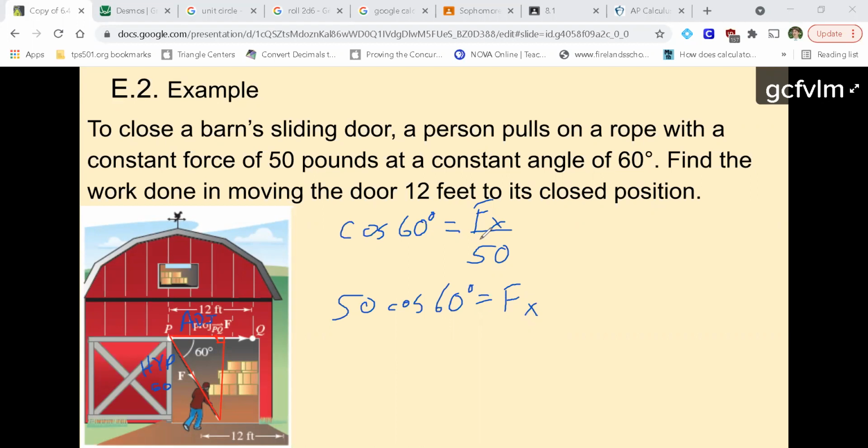Calculator is 25 pounds. And we're going to take that force and move it over a distance of 12 feet. So then the work will be 25 times 12, or 300 foot-pounds.